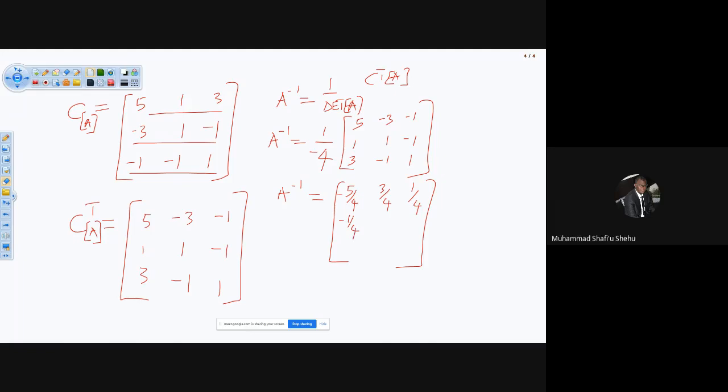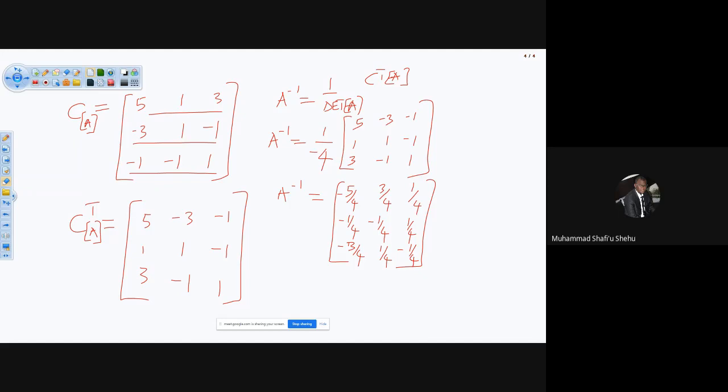Positive, negative equals to another negative 1 over 4, and negative, negative is positive. It's going to be positive 1 over 4. And then here we have positive, negative, so it's negative 3 over 4. And then here is negative, negative, so it's positive 1 over 4. And here will be negative 1 over 4. So that will be our inverse matrix.